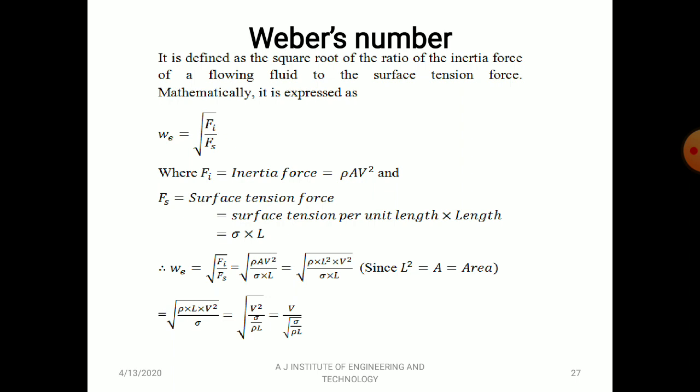If you consider the cross-section as square, then area becomes length square, so L square equal to A. Cancelling one L term, that is equal to square root of V square divided by sigma by rho L. Taking the square root of V square as V, that is V divided by square root of sigma divided by rho L. So that is with respect to Weber's number.